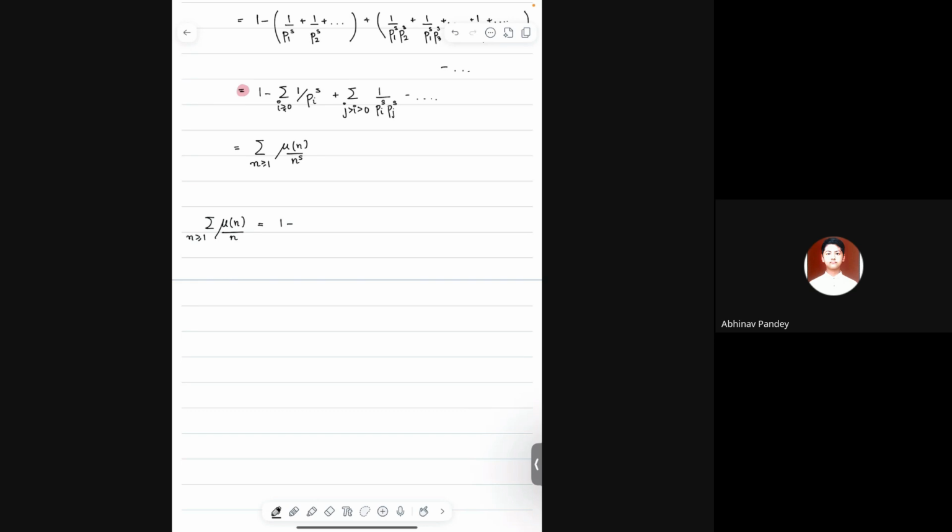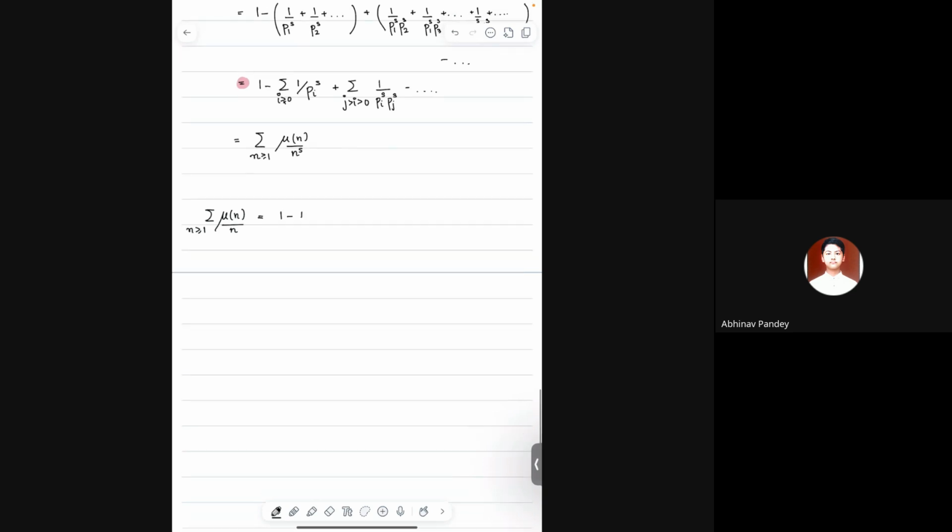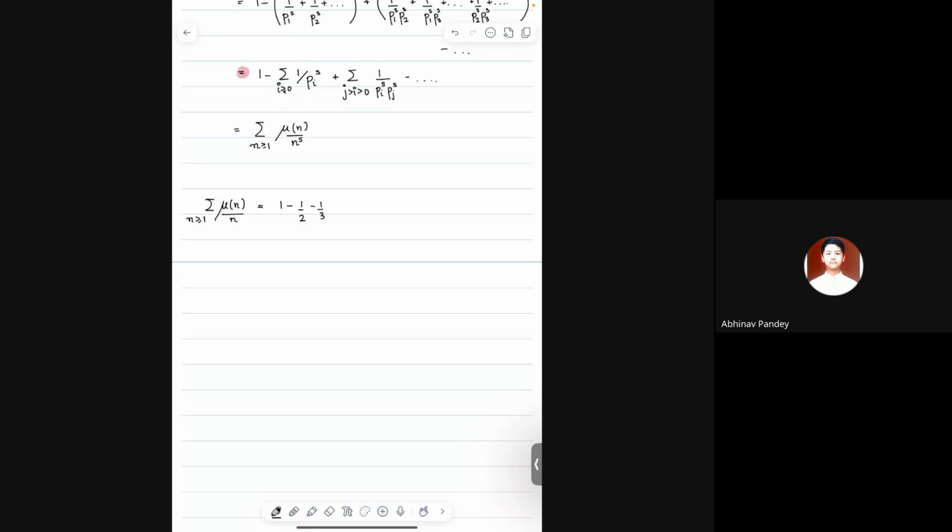Mu of 2 is -1 because 2 is just one number, 1 prime, so mu of 2 over 2 is -1 divided by 2. Then I have mu of 3, which is again minus 1 over 3, and so on. Well, mu of 4 will be 0 over 4.